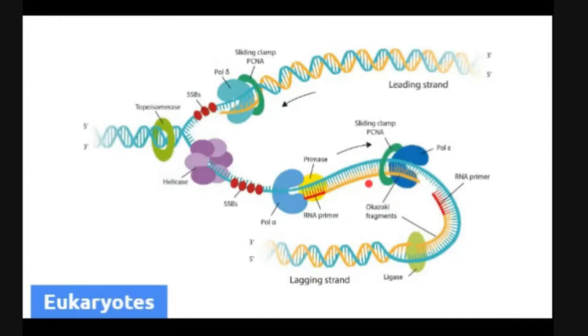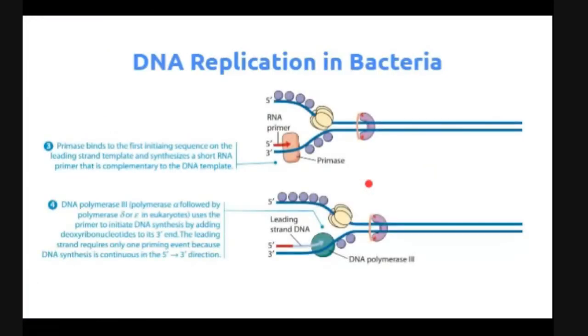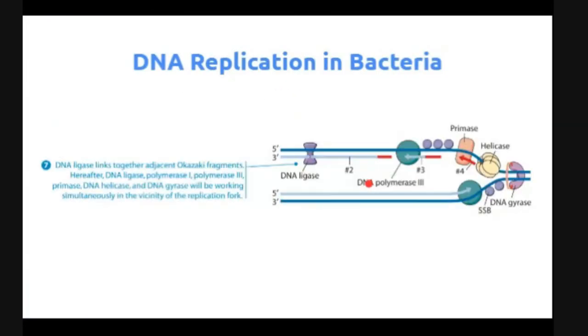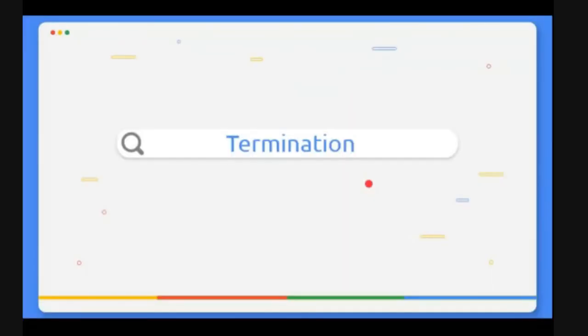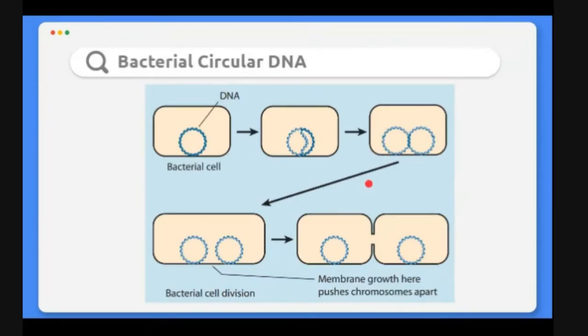Okay, okay. Wait, 11:25 na pala. Oh no. Okay. So, proceed na muna tayo sa termination. So, last, 'di ba, termination. So, nakita nyo sa video na yung sa bacteria, madali lang ang termination. Kasi circular lang yung DNA sa bacteria.